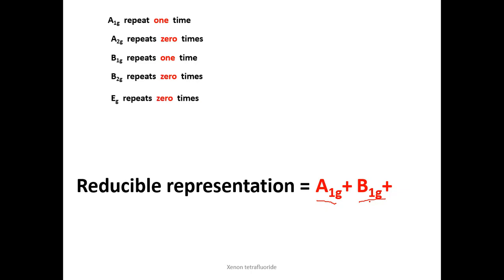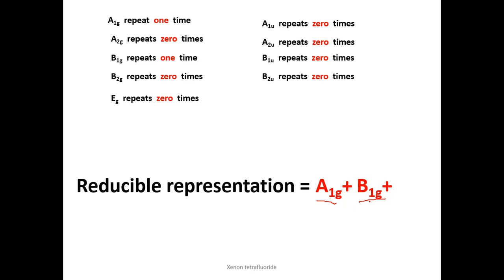B2g 0 times, Eg 0 times, A1u 0 times, A2u 0 times, B1u 0 times, B2u 0 times, and Eu 1 time, and so finally you get Eu. So this will be the reducible representation, A1g plus B1g plus Eu.